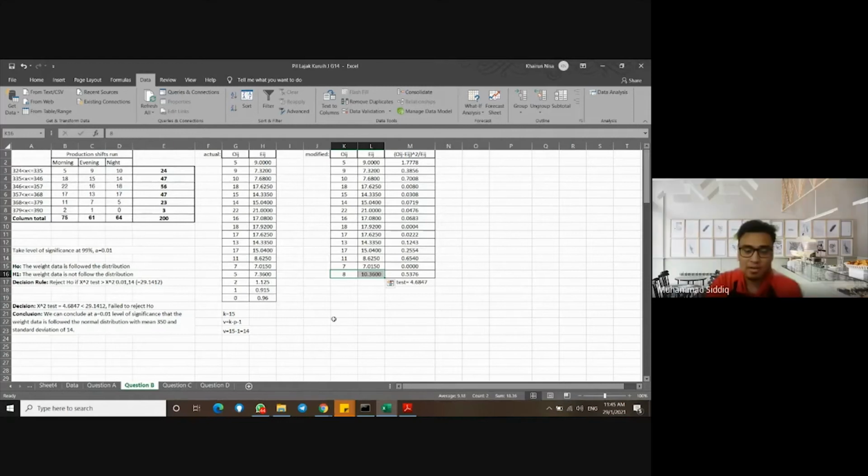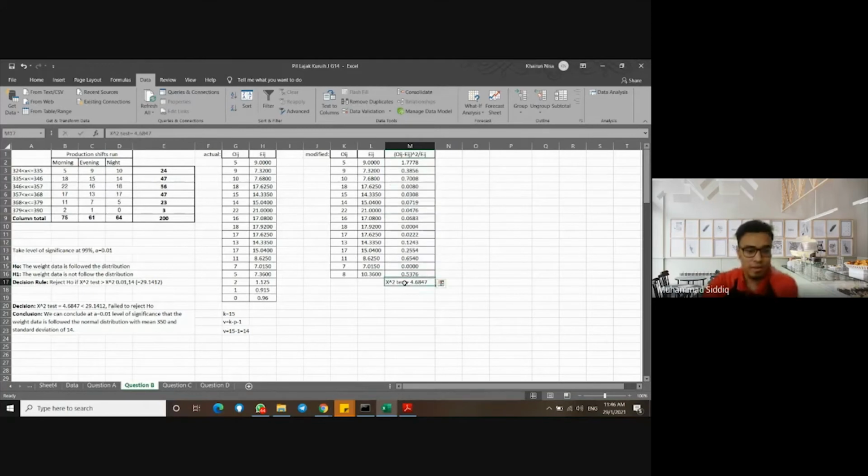After that, we need to calculate the value of (OIJ minus EIJ) squared divided by EIJ. The total of this value is the chi-square test statistic.